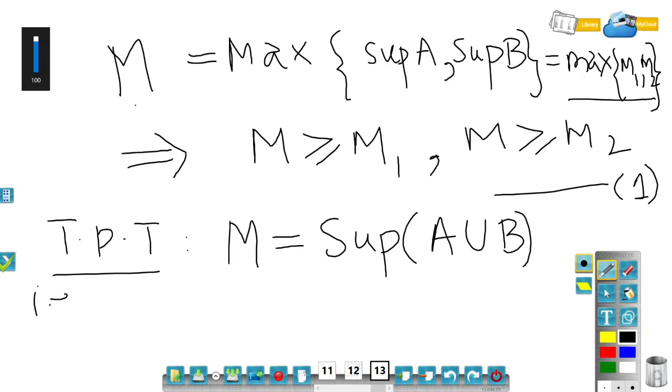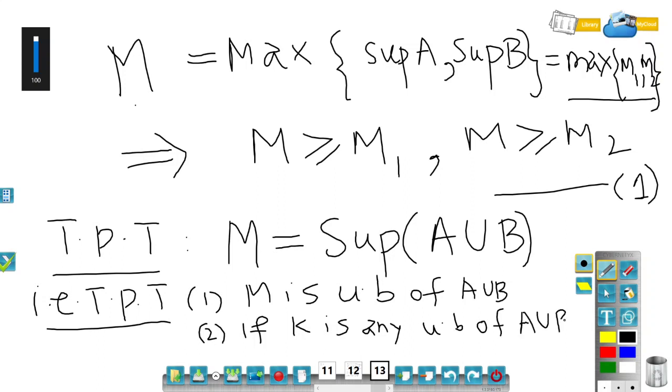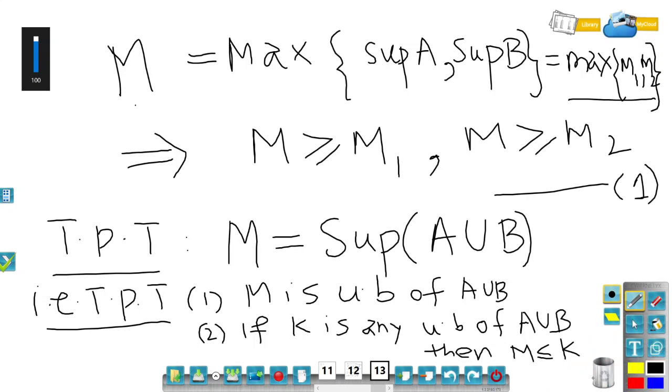So first, M is an upper bound of A union B, and second, if K is any upper bound of A union B, then M must be smaller than that K. I need to prove these two properties. Right, so we'll prove them one by one. They are not difficult to prove.